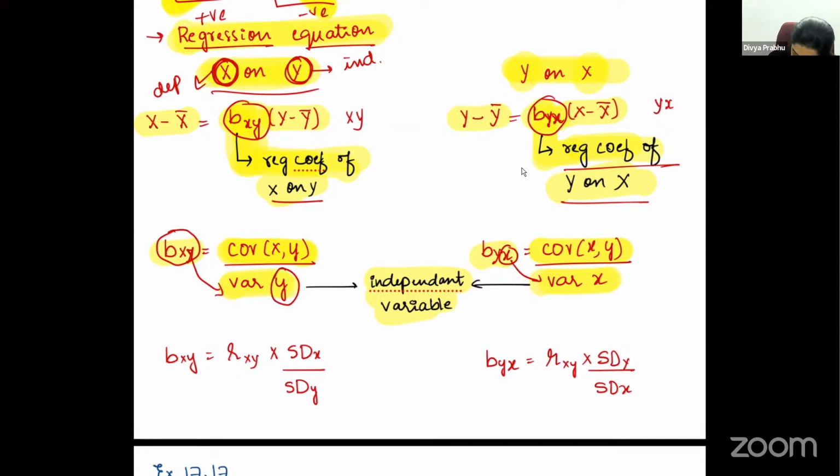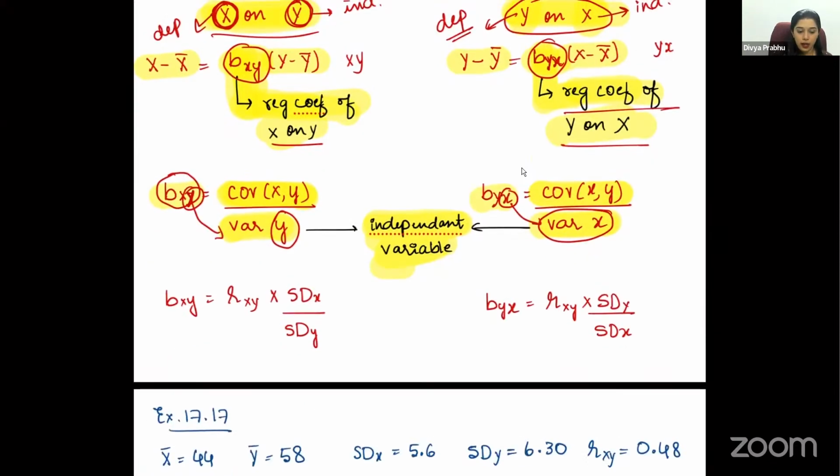Similarly, in the regression equation of y on x, y is dependent because the value of y is what we are estimating. So it is dependent on x, which is independent. And that is why we have x, the independent variable, in the denominator. This is one way to remember, which is the independent variable in the denominator. One more easiest way is whatever comes next, the second one, this will form the denominator.